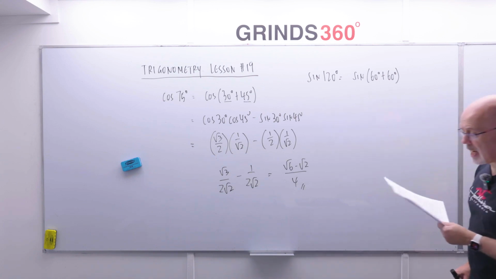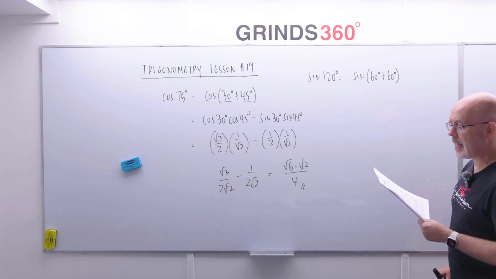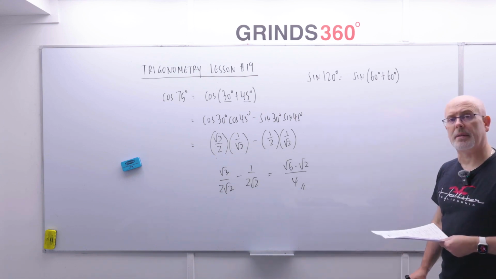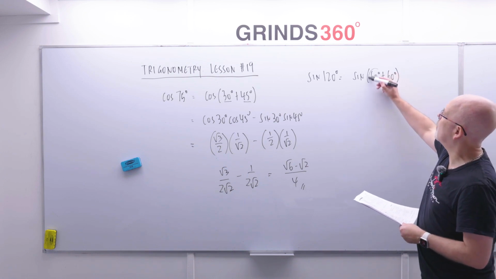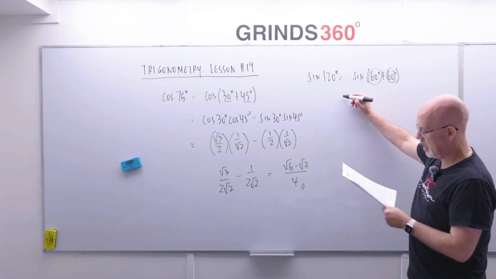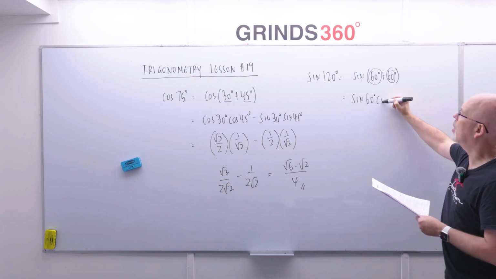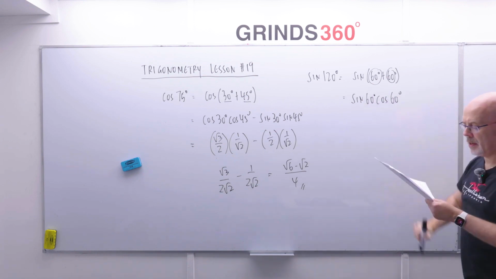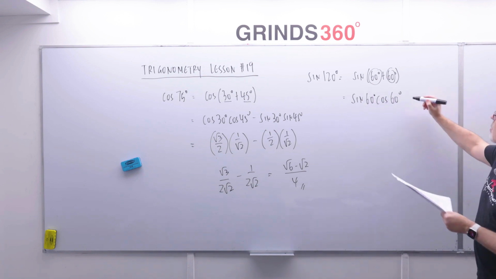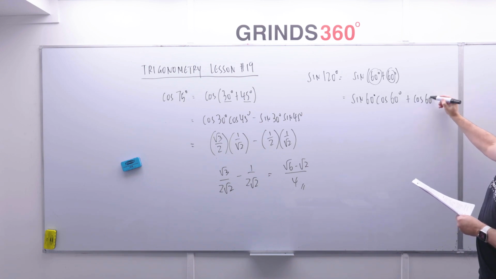So the sine A plus B formula is sine A cosine B plus cosine A sine B. So I'm going to replace the A with 60 and the B with 60. What I'll end up with there is sine 60 degrees, cosine 60 degrees, plus cosine 60 degrees, sine 60 degrees.